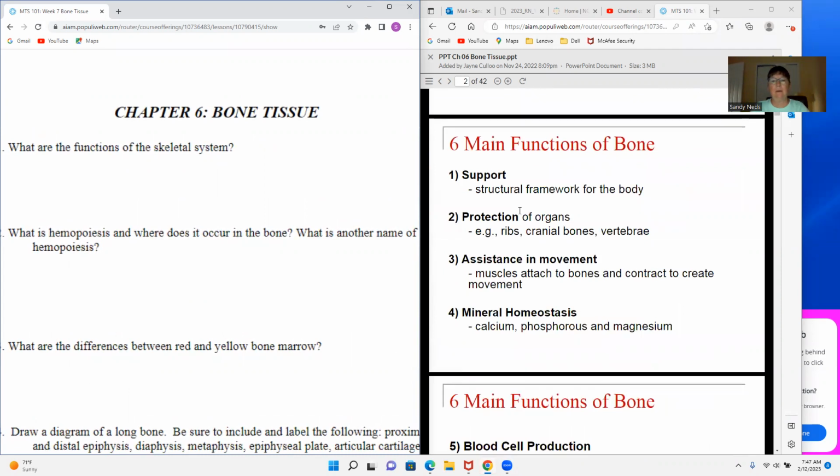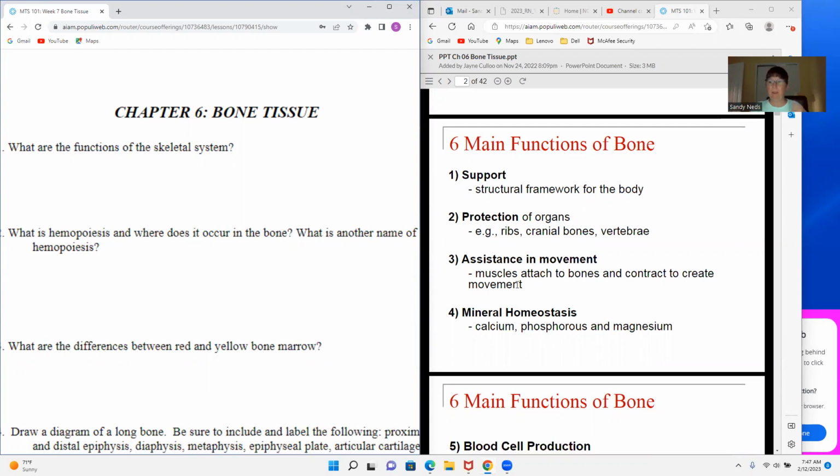And here we go. There are 6 major functions of bones. They support, giving structure to the framework so I can sit here and talk to you. They protect us. I can fall and knock my head and usually not hurt anything, or somebody can hit me in the chest. My heart continues to beat.